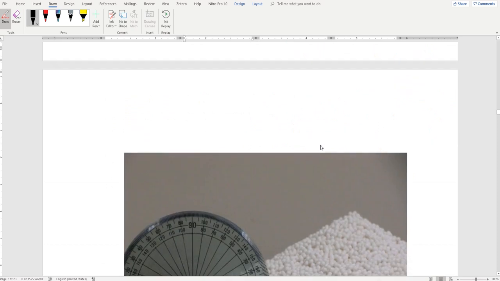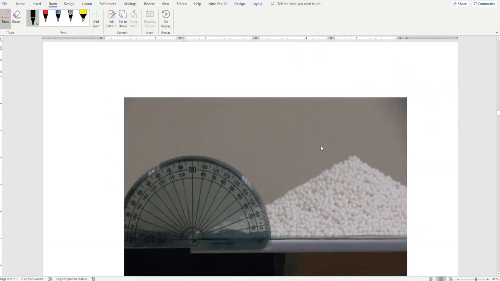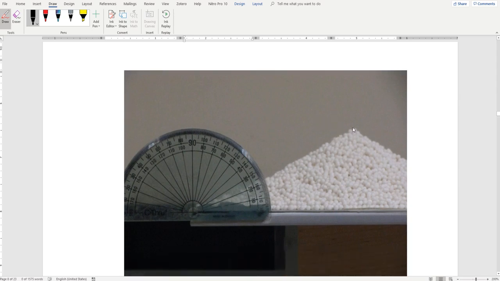Okay, look at this photo here. Of course you are not going to get this tool to measure the angle. We don't do this. We actually do the following. We consider that this heap has a height. This is your height.